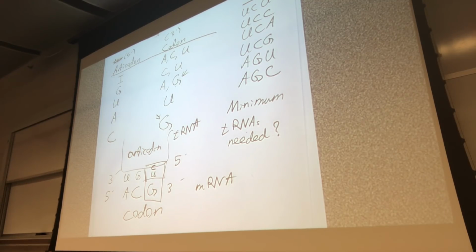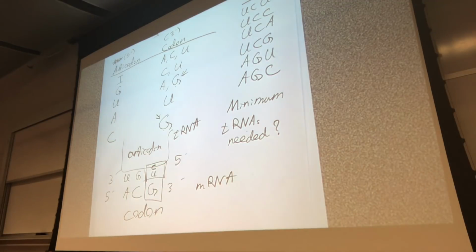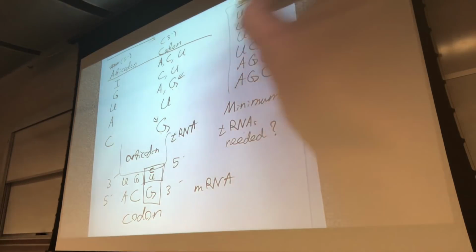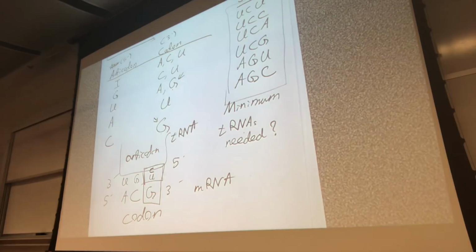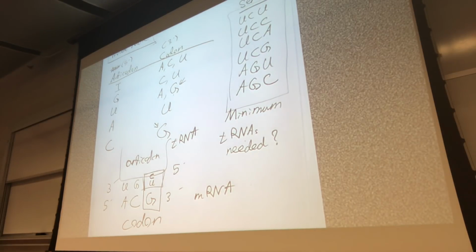So, because of this Wobble weird base pairing concept, we can try to figure out the minimum number of tRNAs we would need to bind to everything there. One thing to watch out for is the first 2 bases in a codon must undergo canonical base pairing, right?